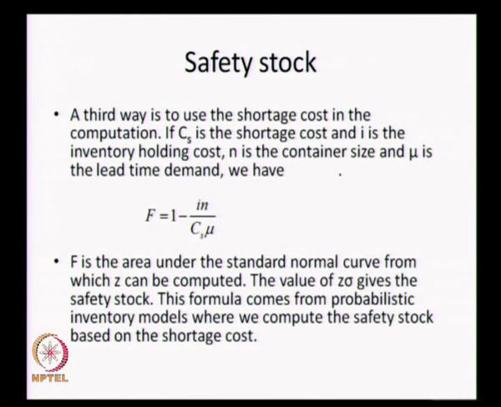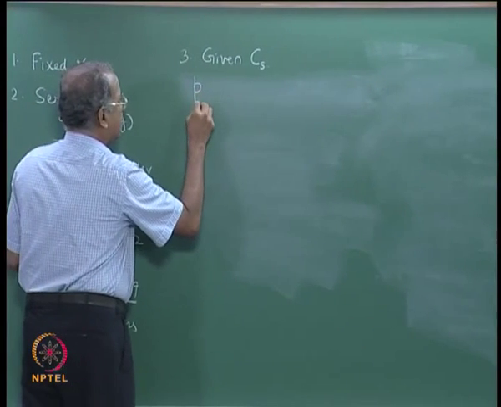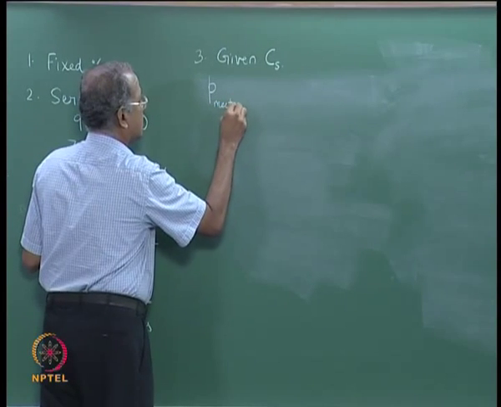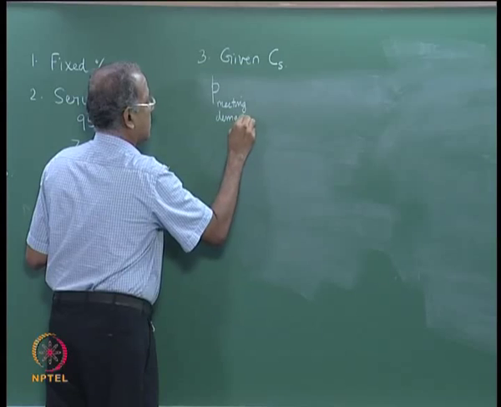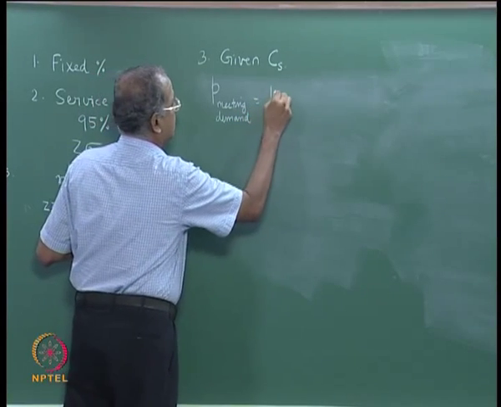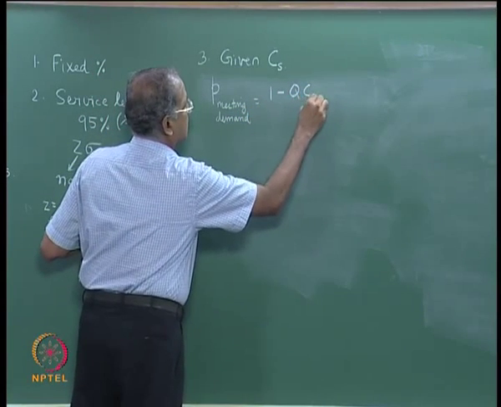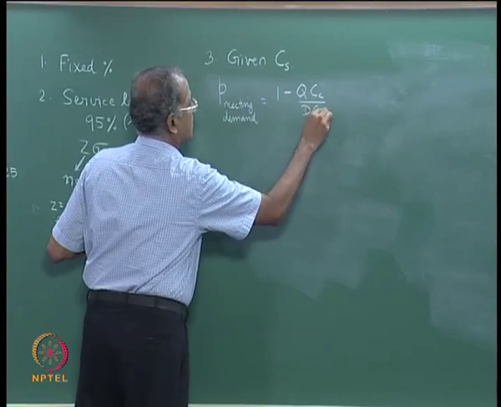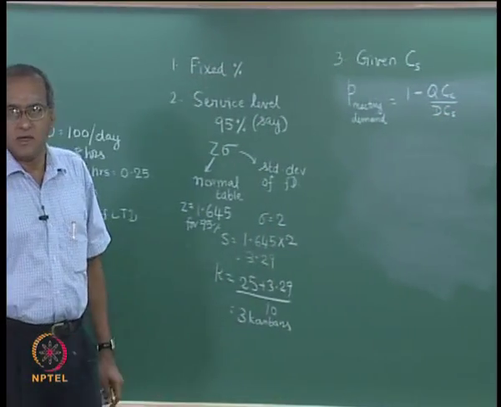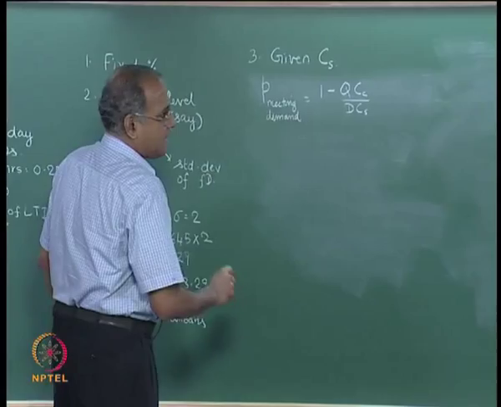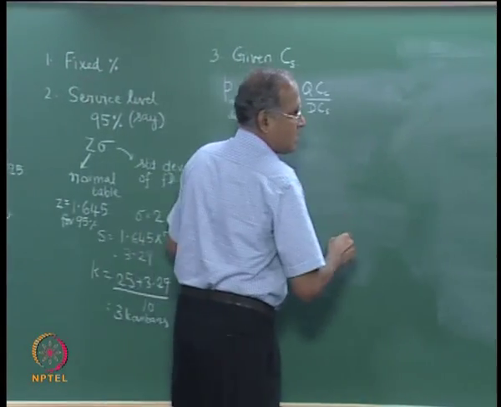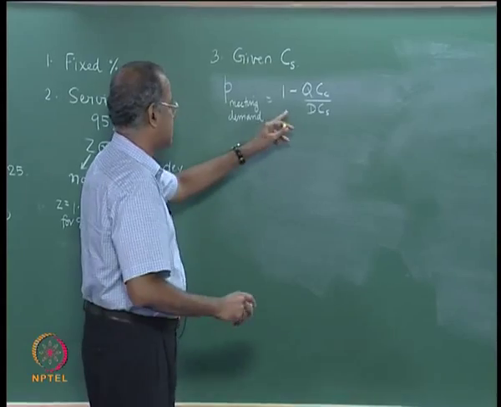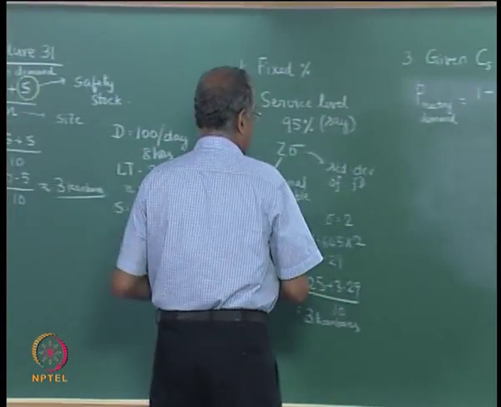So from this we have probability of meeting the demand, or no shortage, equal to 1 minus QCc by DCs. Now this is given in the slide as 1 minus nI by Cs mu, where the notations are changed for the Kanban system.